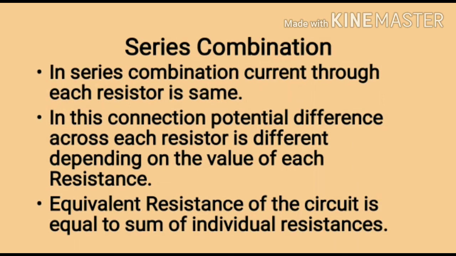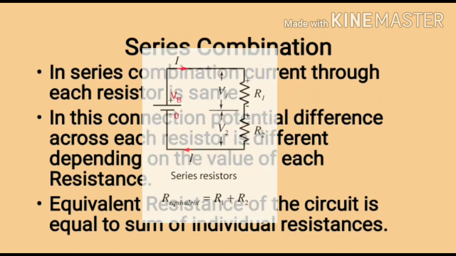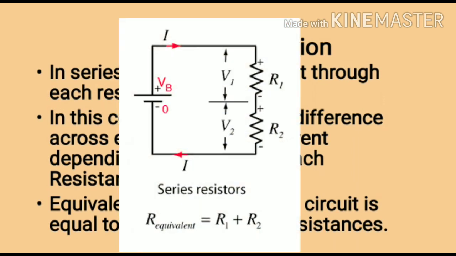Let us see series combination of resistors. Resistors are said to be connected in series when they are connected end to end in successive order such that there is only one path for the flow of current when a voltage source is connected with the circuit.